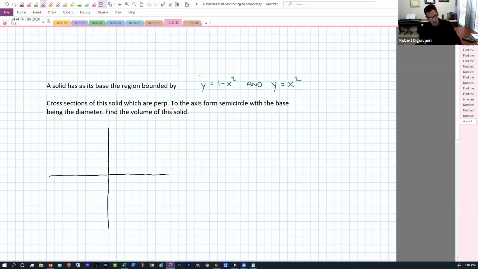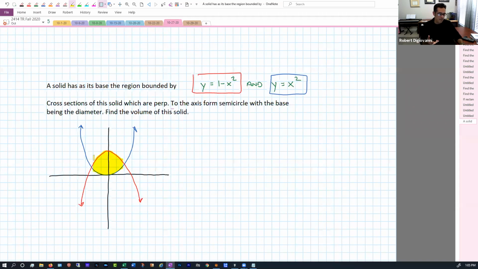I'll start with y equals x squared. That's this parabola. And then the other one, 1 minus x squared, is the parabola that opens down like this. The region, I think, is obvious. We've looked at a region like this before. So that's what the bottom of our solid looks like.